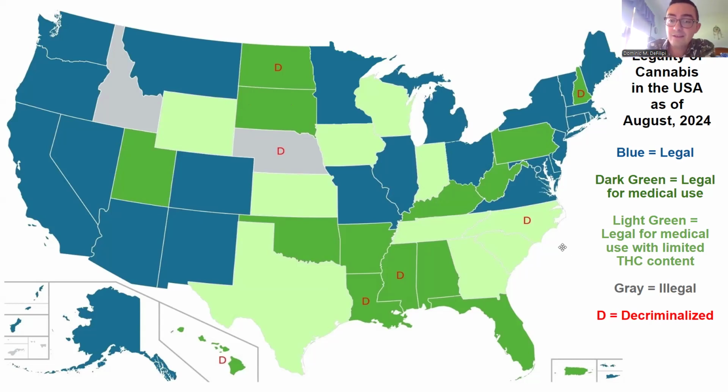Light green, so in states like North Carolina, Texas, Kansas, Wisconsin, Indiana, it's legal for medical use with limited THC content. So the legislatures, through whatever means, have deemed it to be an acceptable THC content, set that content level, and they regulate their local medical industry under that purview.